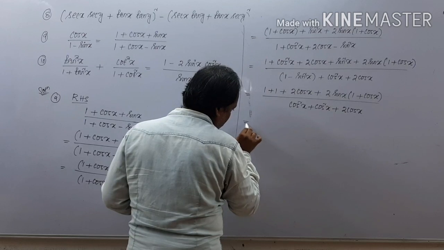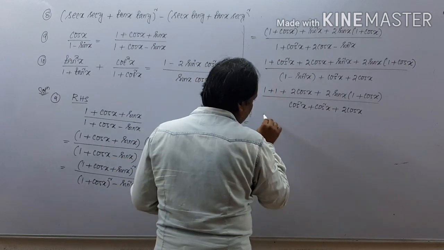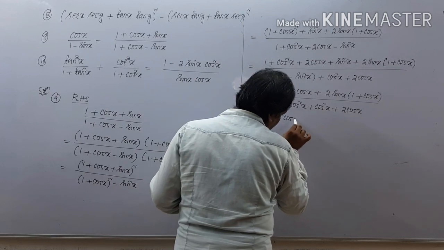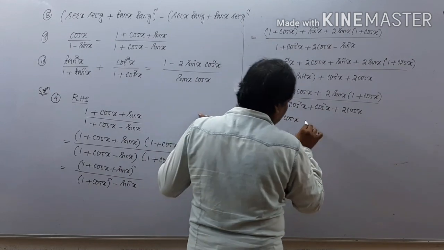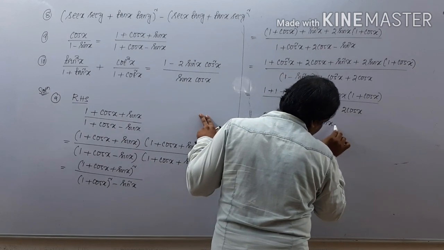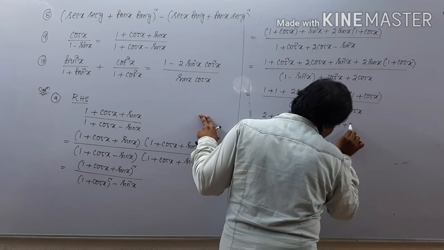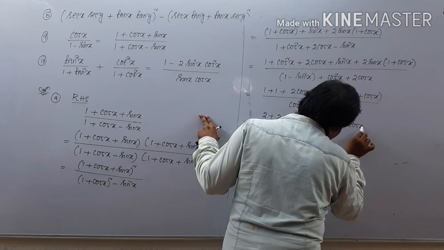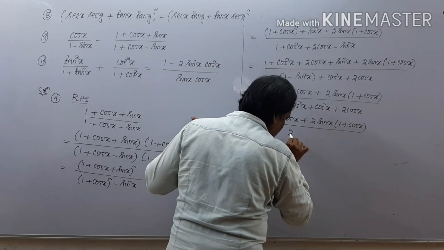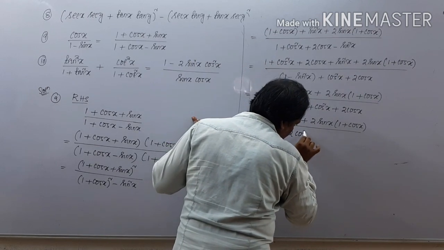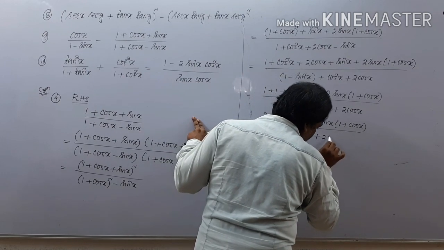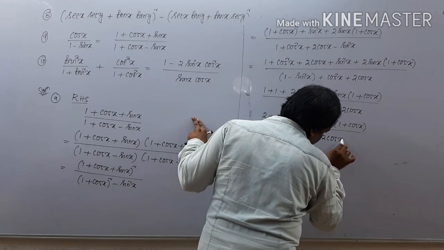So this one is equal to 2 plus 2 cos x plus 2 sin x multiplied to 1 plus cos x divided by 2 cos square x, right, plus 2 cos x.